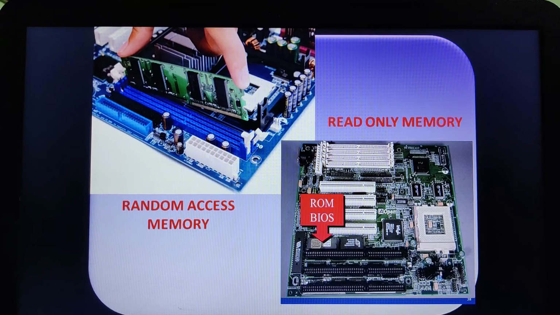So in this static random access memory, the memory cell is made up only of transistors. Around 4 to 6 transistors it is making use of, and it is not using any capacitors.